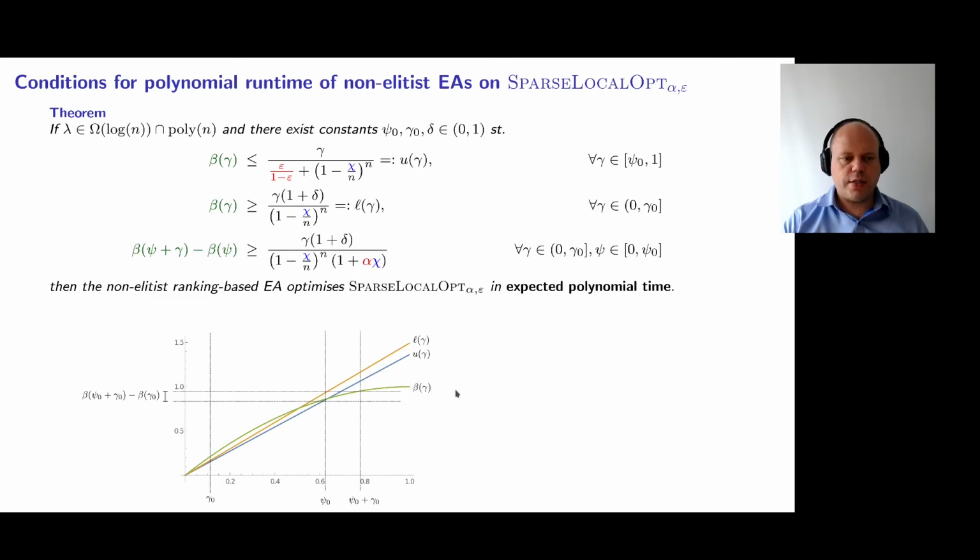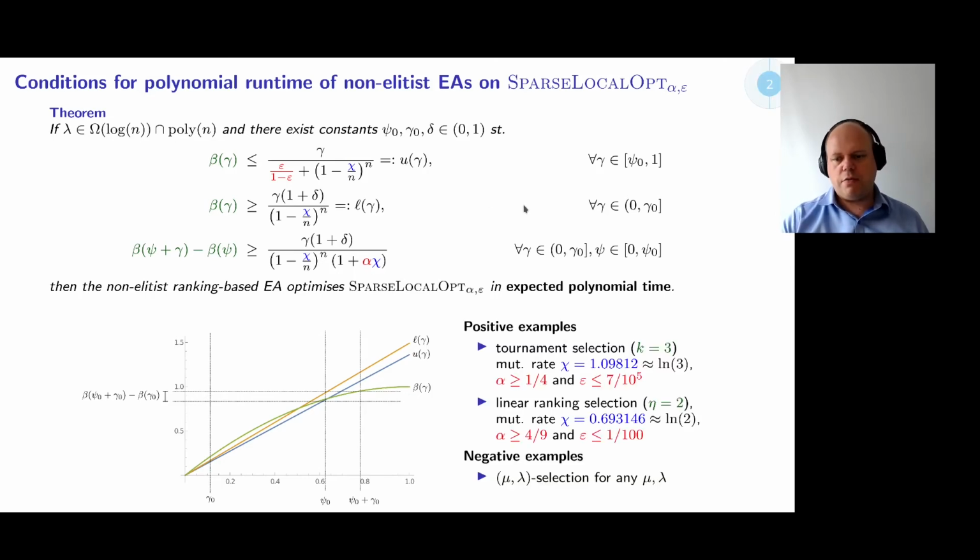The final condition says that beta of psi plus gamma minus beta of psi should be at least this quantity. If these 3 conditions are satisfied, then the algorithm will have polynomial time. We assume logarithmic population size bounded by some polynomial. And we can find positive examples of this for particular settings.